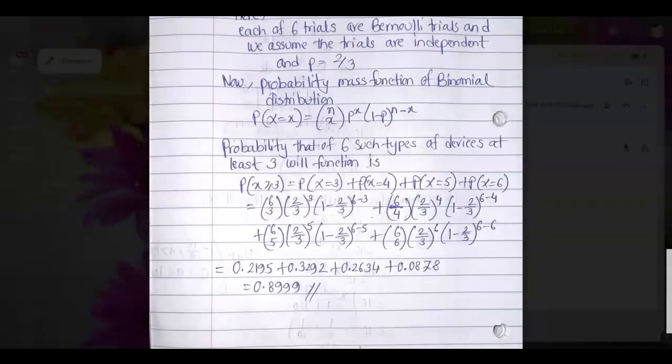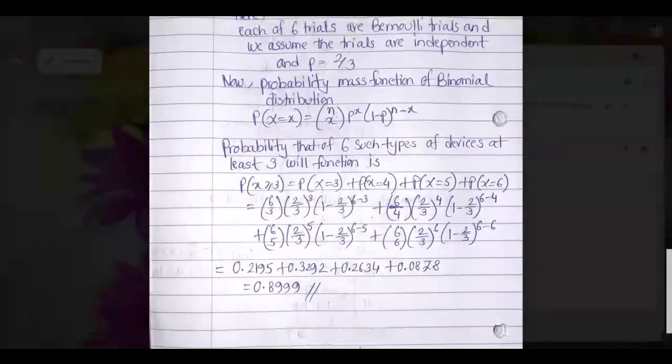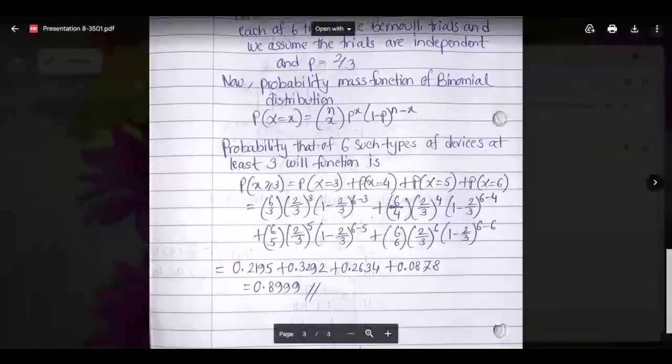And here is the formula, the probability mass function of the binomial distribution. So we're just going to compute that, where n is 6 and x is 3, 4, 5, and 6.